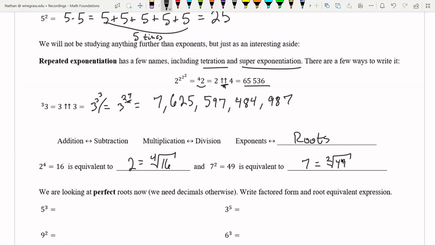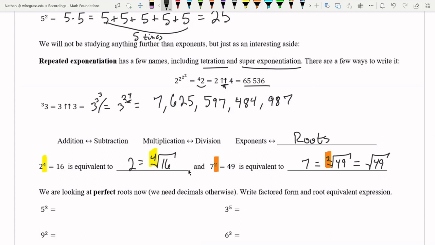Square roots are used so commonly that we actually just write it without the power of 2 there. But the power of 4 in this case comes from the same power of 4 there. The power of 2 here comes from the same power of 2 here.